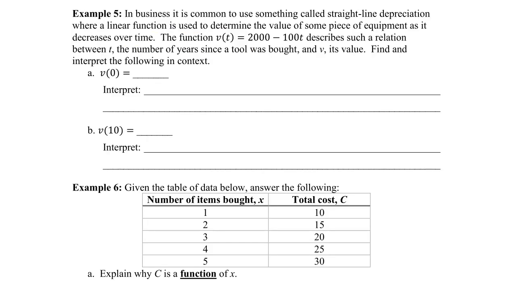In business, it's common to use something called straight line depreciation to describe the way that the value of a piece of equipment decreases over time. So you're a business and you buy a truck for $30,000 or something. And then your business has this $30,000 asset. And sometime in the future, the truck is going to stop working and you'll have to throw it in the garbage, and then your business won't have a truck anymore.